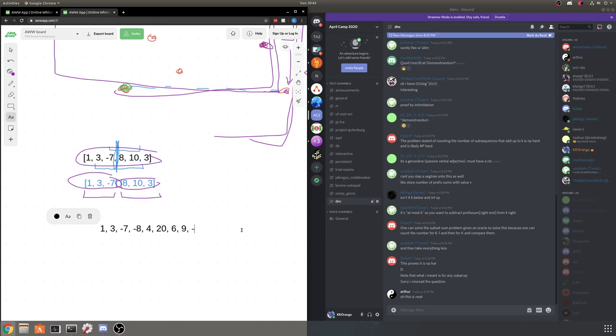The numbers don't even matter, I should just make them up. Something like that. And the dividing point is here-ish.